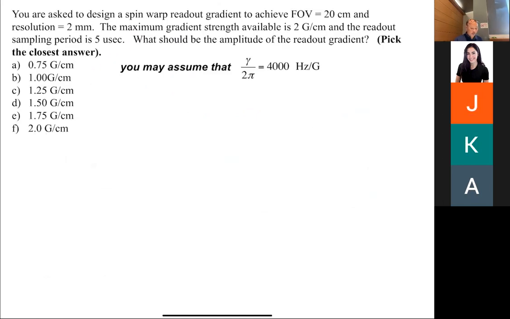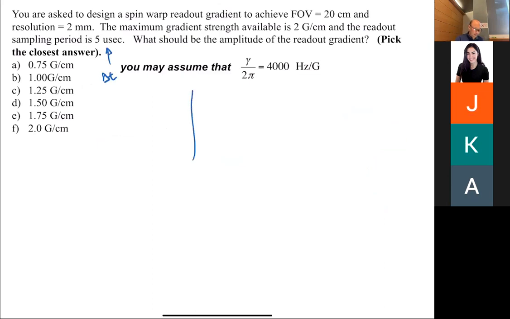Let's do this problem, since I think it'll be useful. You're asked to design a spin warp readout gradient to achieve field of view equals 20 centimeters and resolution 2 millimeters. The maximum gradient strength available is 2 Gauss per centimeter, and the readout sampling, the delta T, is 5 microseconds. What should be the amplitude of the readout gradient?